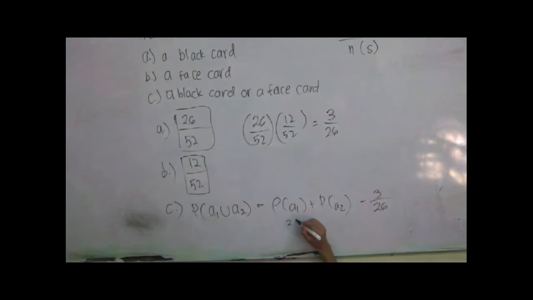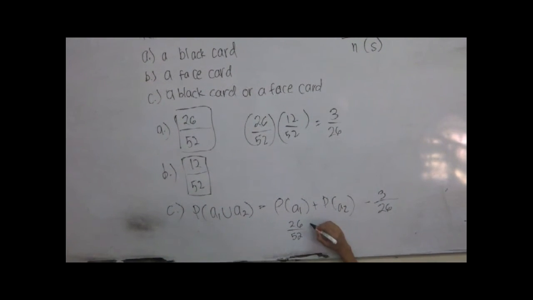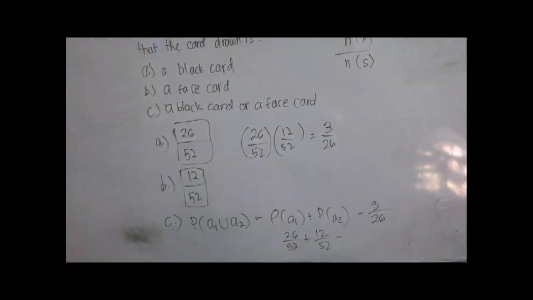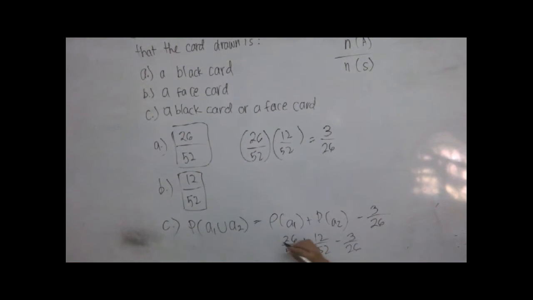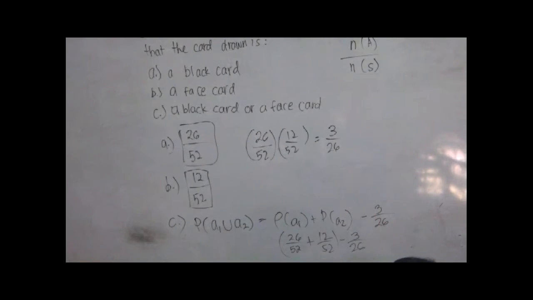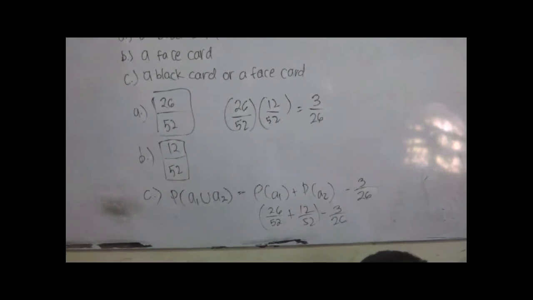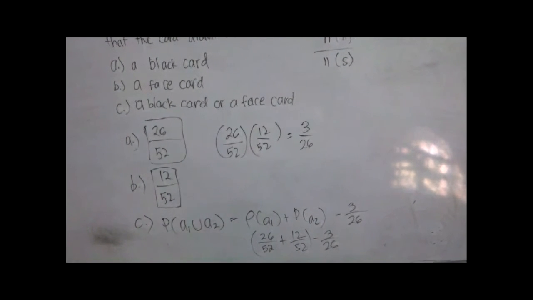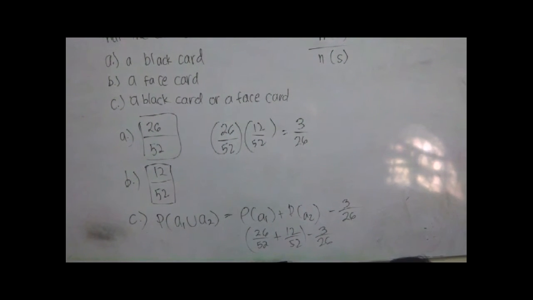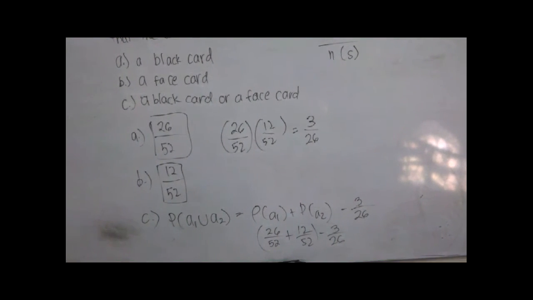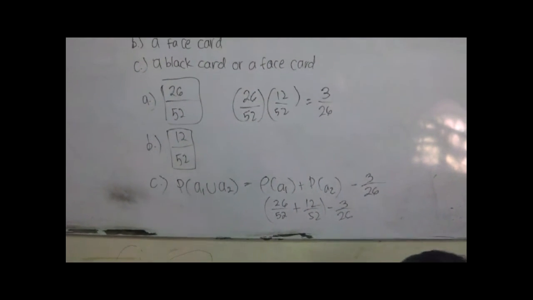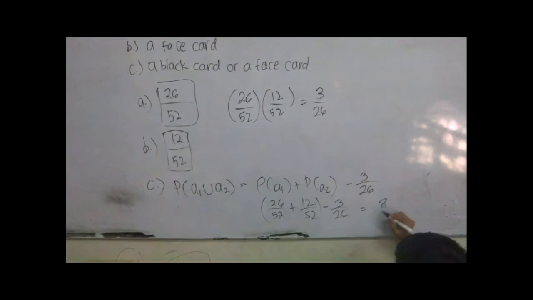Substitute the values. 26 over 52 plus 12 over 52 minus 3 over 26 is equal to 8 over 30.